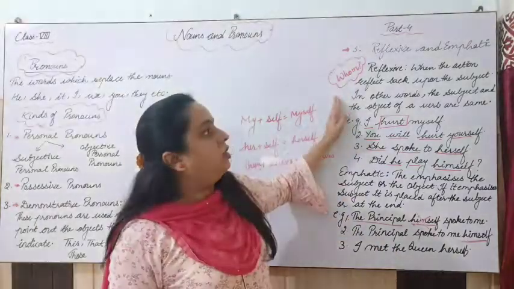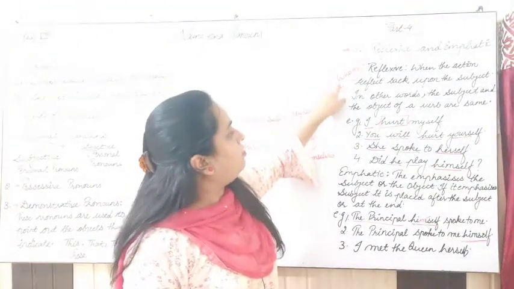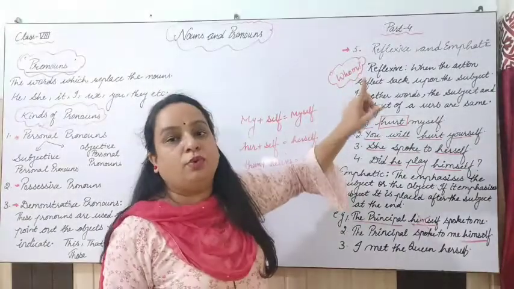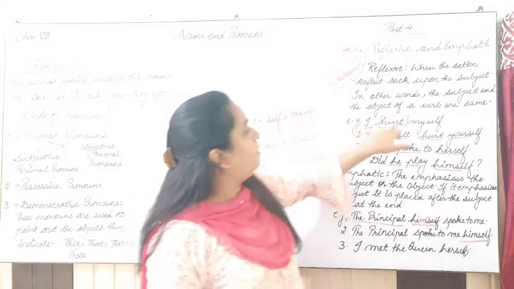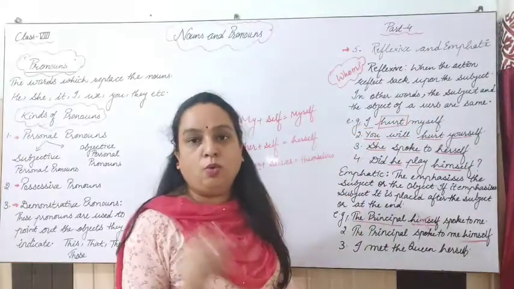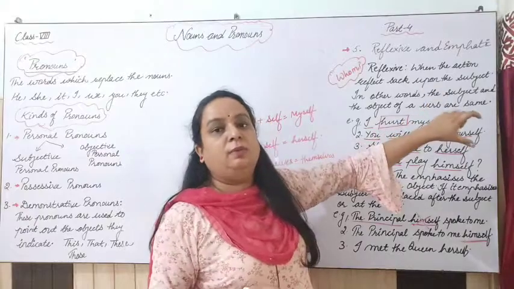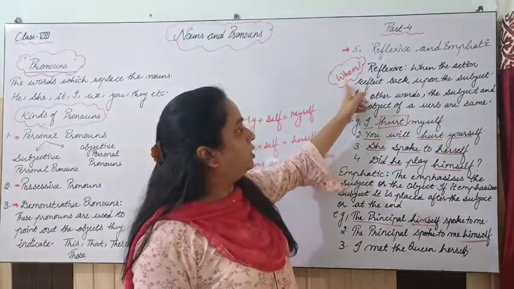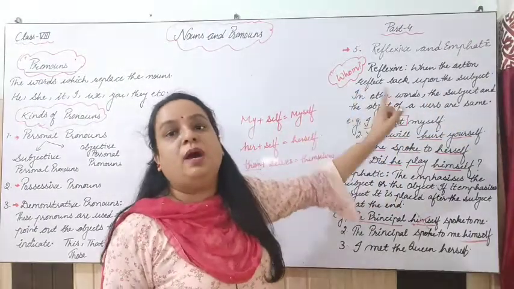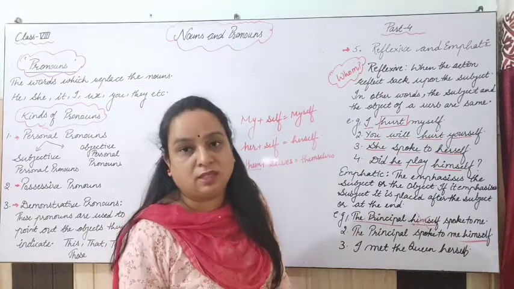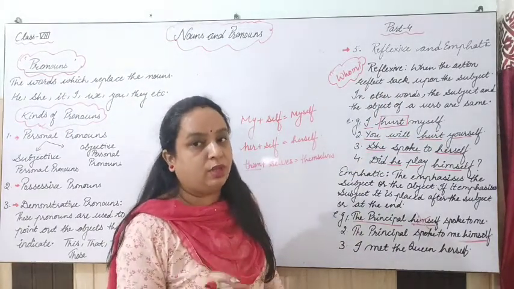Here I want to give you one trick. If you are able to get the answer from the word whom, like whom I hurt? If you remove the word myself and you are able to get the answer from a question with whom, I hurt whom? The answer is myself, right? So this will be reflexive.